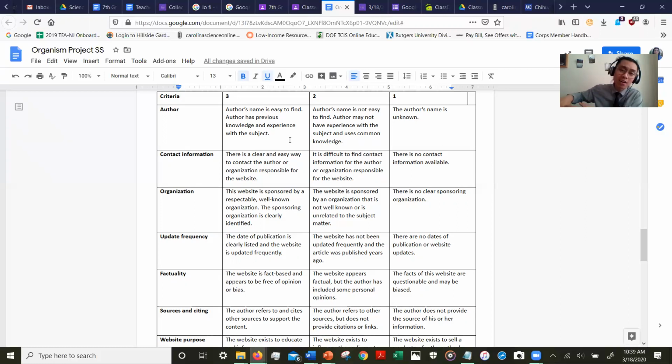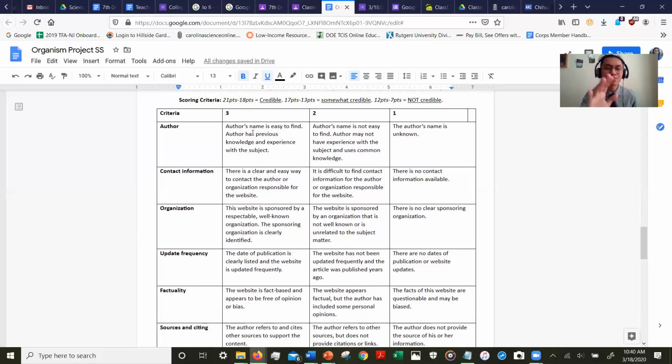Now that we've got that out of the way, let's go ahead and look if this source is a credible source. So I've already pre-set up a source that I believe is a credible source. But first, let's go through the criteria together to see if this is credible. For 3, for extreme credibility, author's name is easy to find or the author's previous knowledge and experience with the subject.